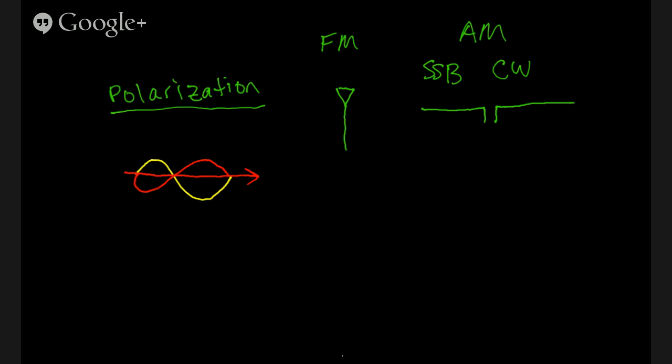All right, number 5. So so far, when we've talked about antennas, we've generally been talking about isotropic radiators, basically just an antenna that radiates in all directions.